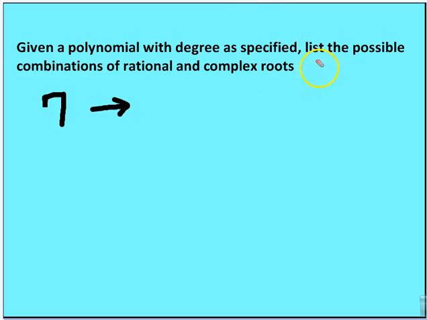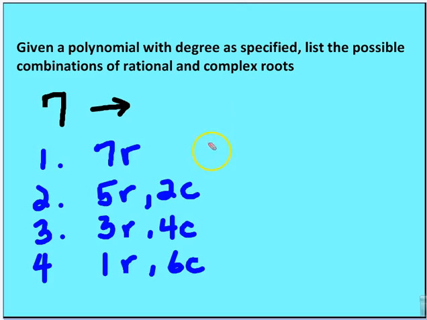All right, so given a polynomial with degree 7, list possible combinations of rational and complex roots. The number of real and complex roots have to add up to the total number of roots in the polynomial. So I have 7 total roots.